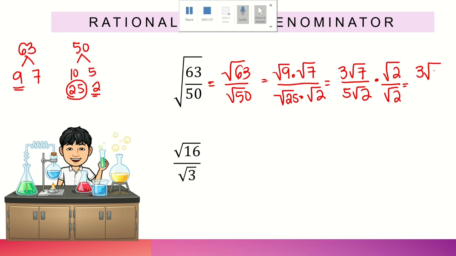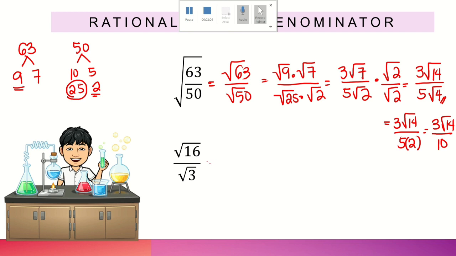The product is square root of 14 all over 5 times square root of 2 times square root of 2, which is equal to 4. We know that 4 is a perfect square and it has a square root. So our answer here now would be 3 times square root of 14 all over 5 multiplied by 2. So the answer now here is 3 square root of 14 all over 10.